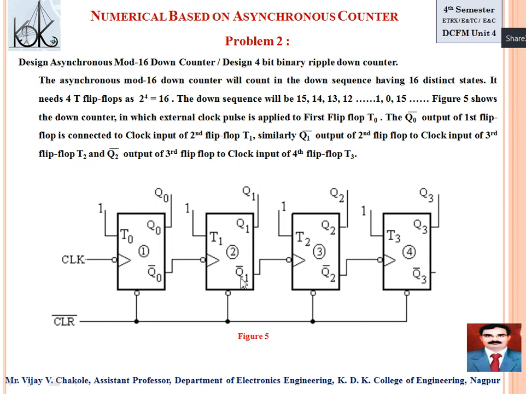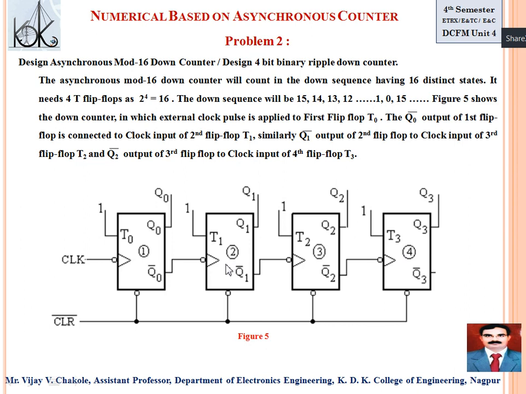The output of flip-flop 2 becomes the clock pulse for flip-flop 3, and the output of flip-flop 3 is the clock pulse for flip-flop 4. So this is an asynchronous design, because here the next flip-flop is triggered by the previous one. That's why this is an asynchronous counter.